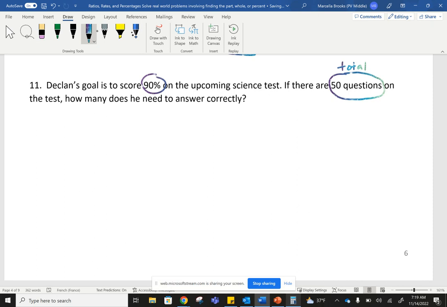So I want you guys to see if you can set up, replace the part or the whole. See if you can fill in 2 of these values. See if you can place the 90% in the right spot and 50 in the right spot. And then raise your hand and I will check it.